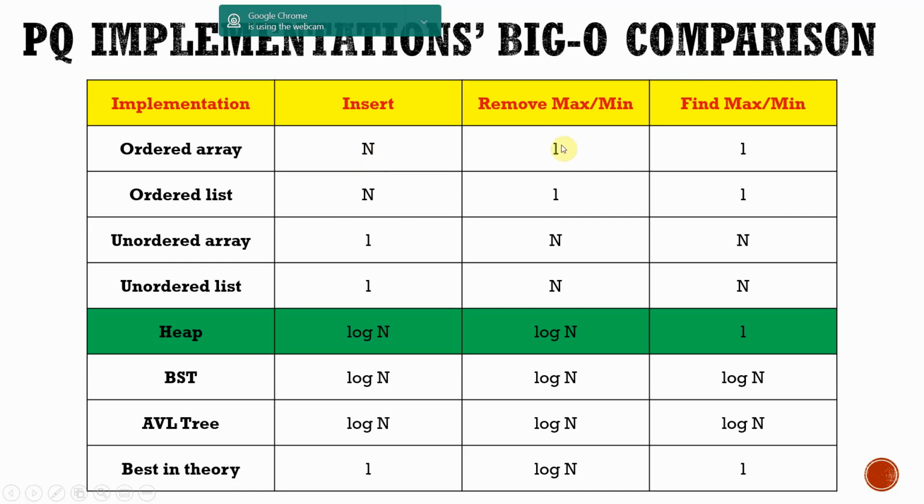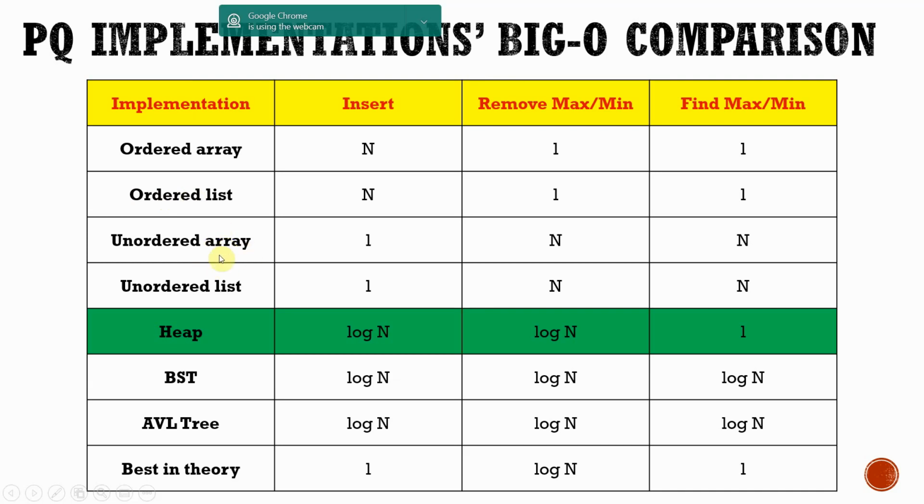The removal is going to be very fast, because it's going to be the first element in the array, so it doesn't take that much time. Finding is also big O of 1. So this is fast, but the insertion is time costly. The same thing for an ordered list.